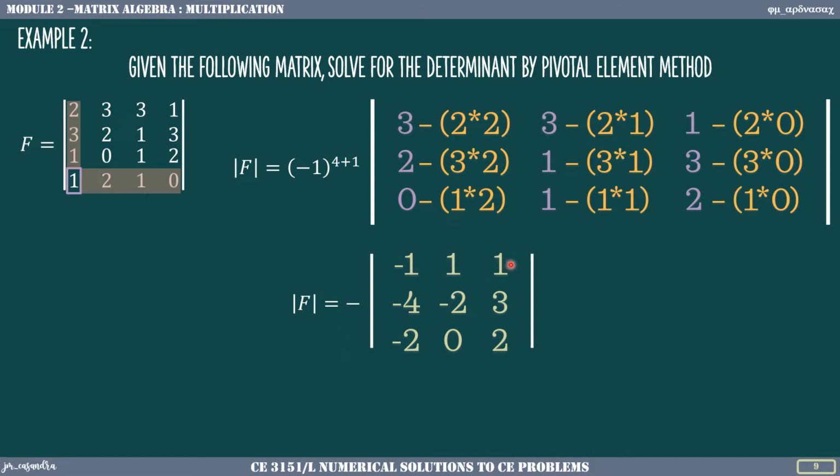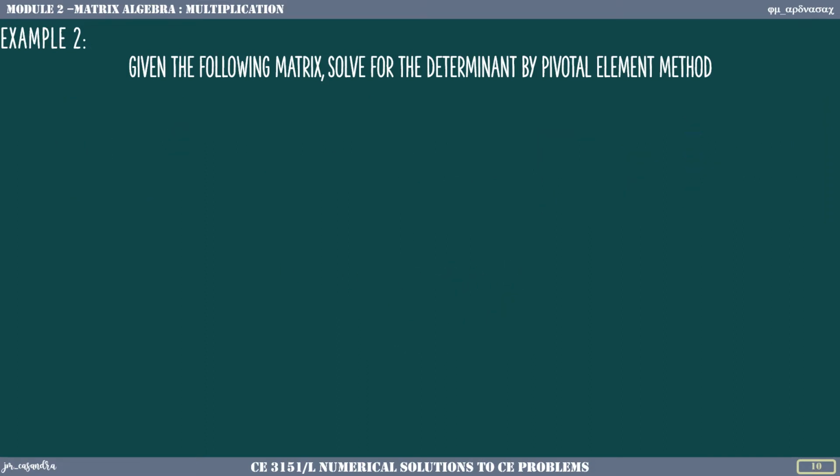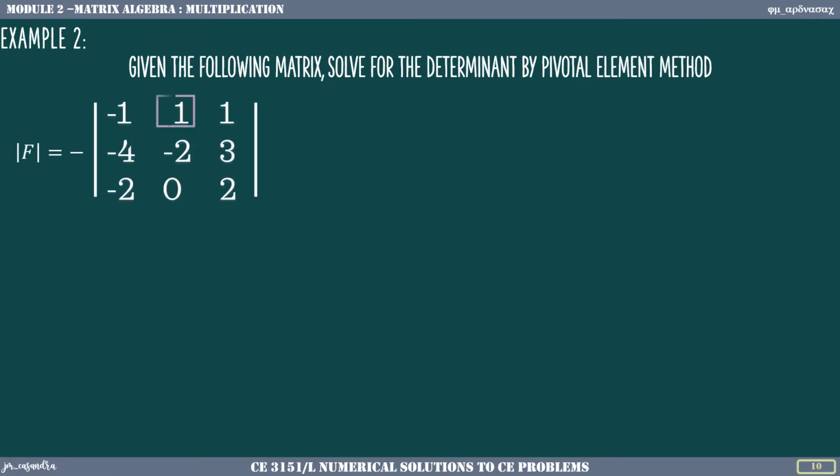So we have 2. So we can choose any of these. So in the solution, I'll be using this element a1,2. So again, eliminate its column and its row.